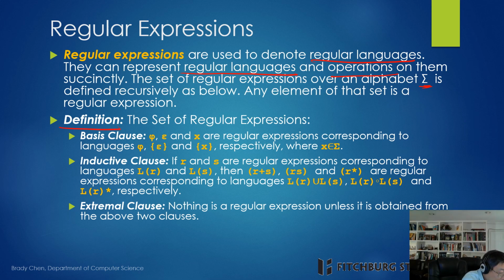It's very similar to the definition of regular language. Okay. We have basic clause, which basically means the empty set, empty string, and X are regular expressions. Now we don't use the set anymore. We use the expressions. Phi, epsilon, X are regular expressions corresponding to the language phi, and the set of empty string and the set of X respectively.